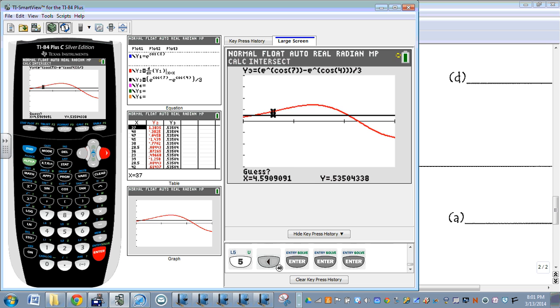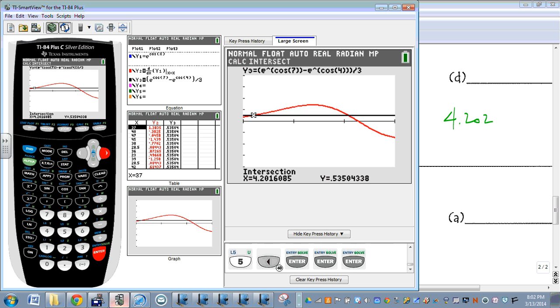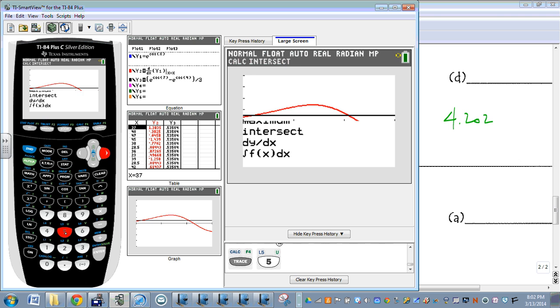And we get 4.591. Oh, I take that back. Just changed on me. 4.202 is our first one. And for our other one, second, trace, intersect.